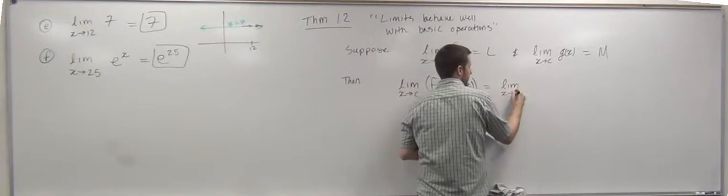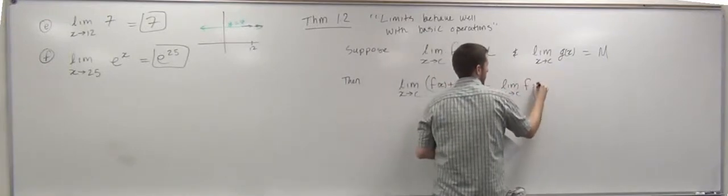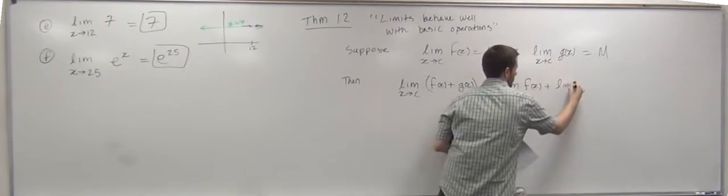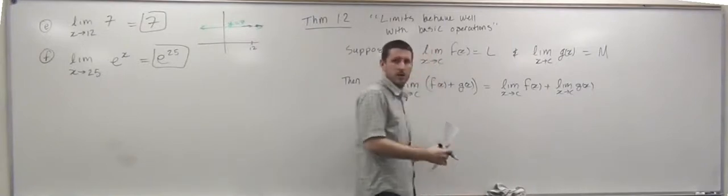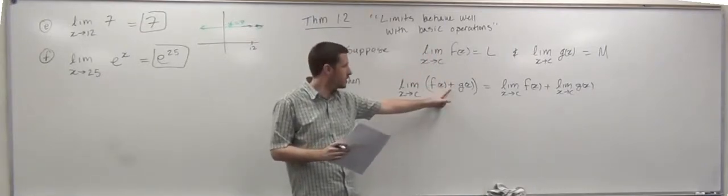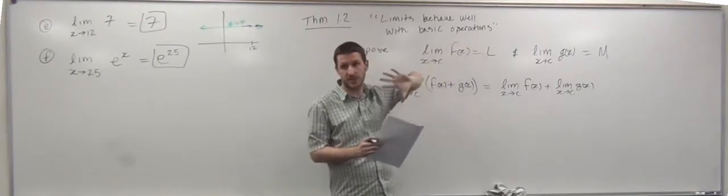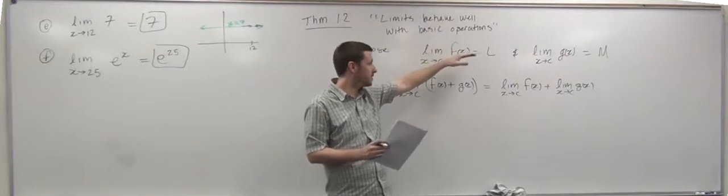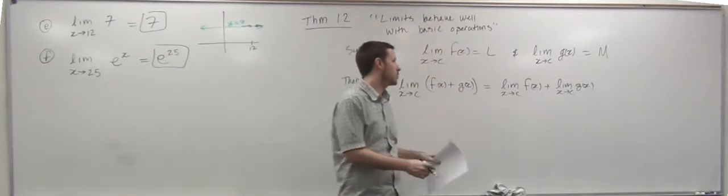The way I think about this is that your limit distributes, just like normal multiplication might. Is that always true? Oh yeah. As long as it's plus, and as long as these limits exist, these limits have to exist. If these limits don't exist, it doesn't make sense. But if these limits exist, then the limit can distribute across a plus.